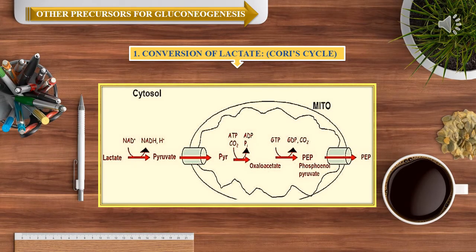It follows the Cori cycle. Lactate produced in cytosol under anaerobic conditions is converted back to pyruvate. Then the pyruvate is transported to mitochondria to produce phosphoenol pyruvate, as discussed in the first bypass step, and follows the steps of pyruvate to synthesize glucose. So this cycle is called Cori cycle.